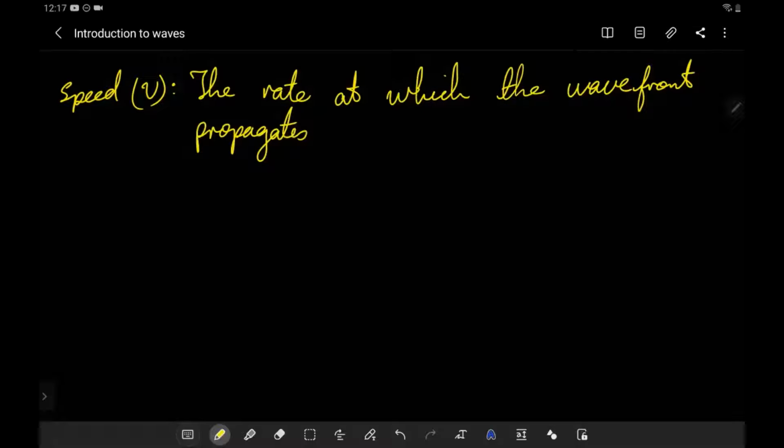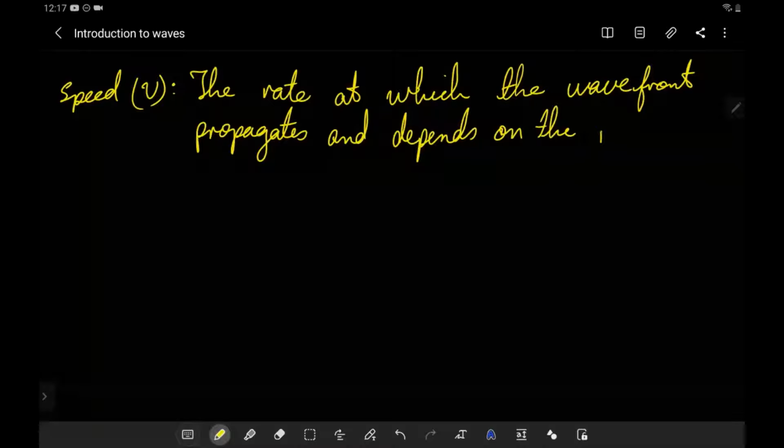And of course, it depends on the medium of propagation.